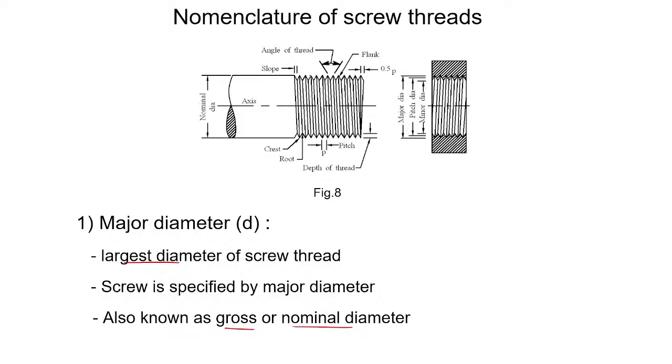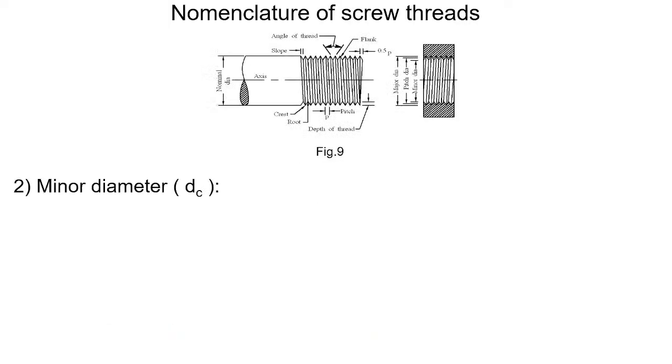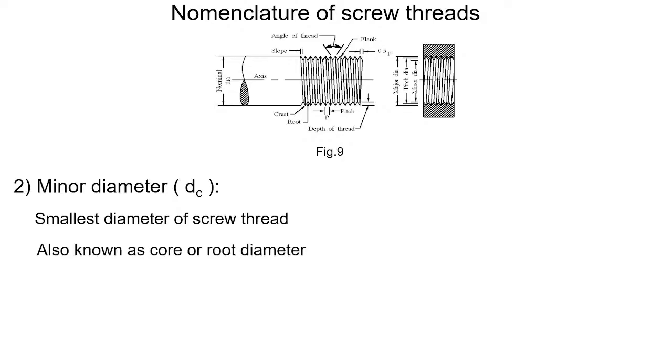Major diameter is the distance between these two tips of the thread. Next is minor diameter. Minor diameter is also called the smallest diameter, or it is associated with the root part of the thread. It is also called root diameter or core diameter.